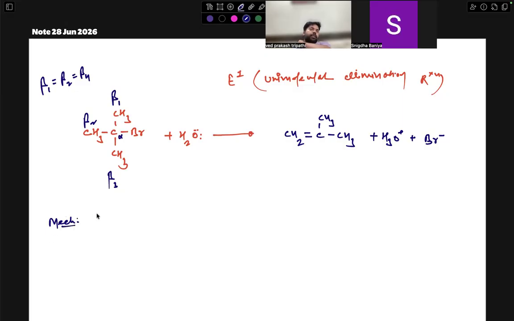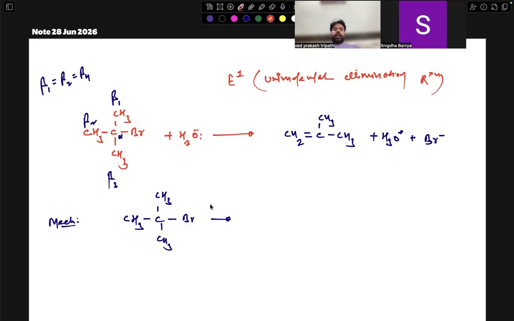So E1 has the same mechanism like SN1, especially formation of intermediate. If you look at this alkyl halide, the carbon bromine bond is polar in nature because of the difference in electronegativity between bromine and carbon. Bromine is more electronegative, carbon is less.